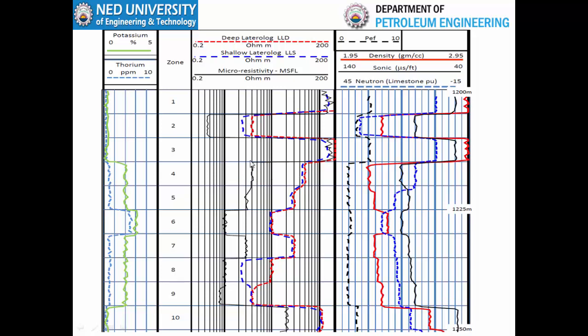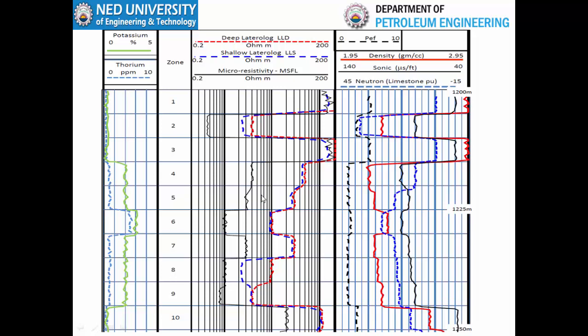That indicates something. When all the curves are overlapping, it indicates something, and when MSFL and LLS and LLD are separated from each other, it indicates something else. So for example, in zone number 4, MSFL is showing one value, and LLS and LLD are showing another. So the separation is present between MSFL and LLS and LLD.